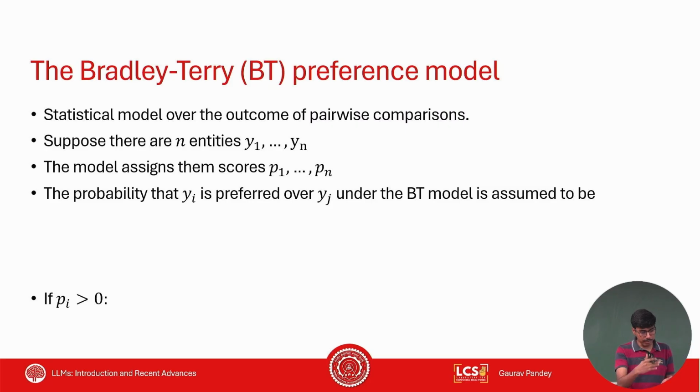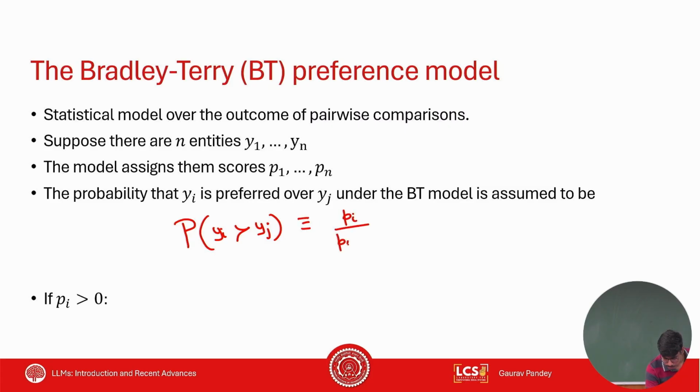If you have a bunch of items and their corresponding scores, the probability of picking item i over item j is defined as: probability that yi is preferred over yj, where this symbol means preferred over, is defined as pi over pi plus pj. So this is the definition of the Bradley-Terry model.